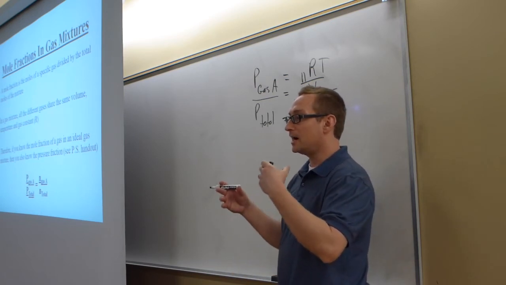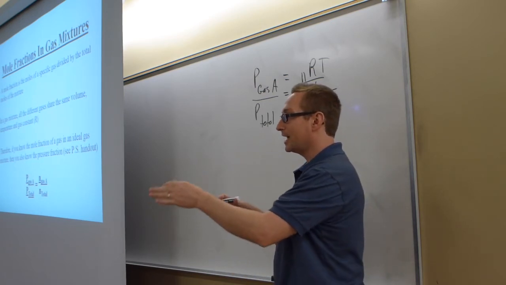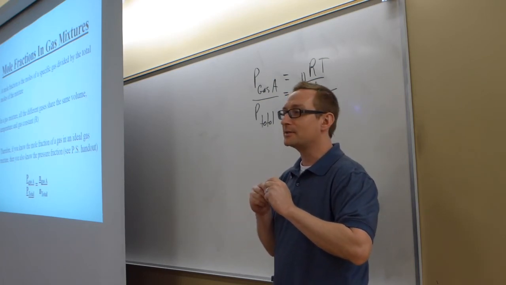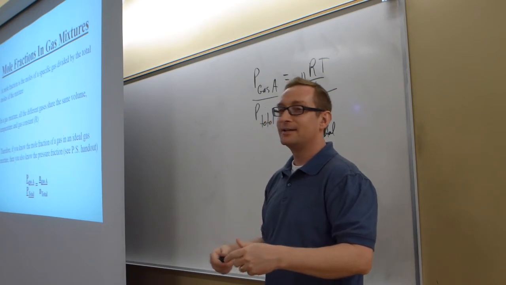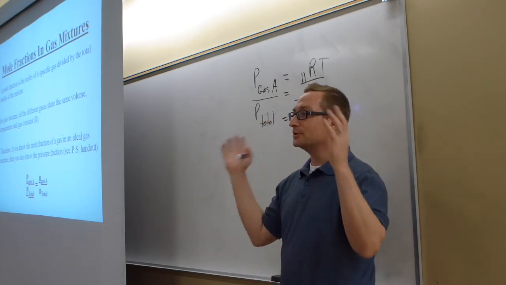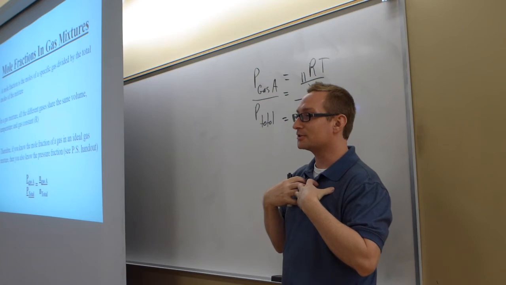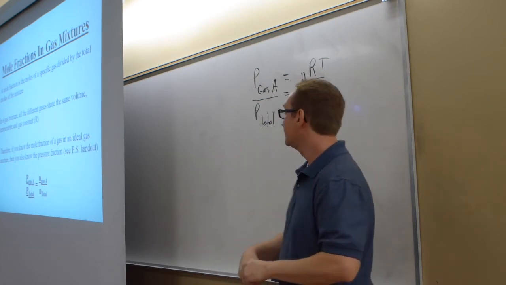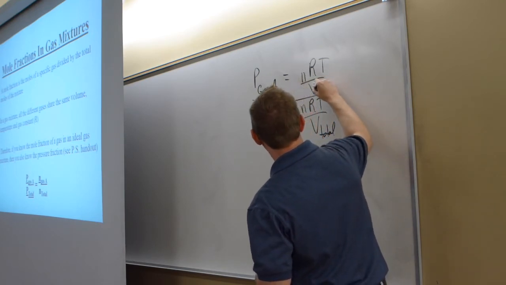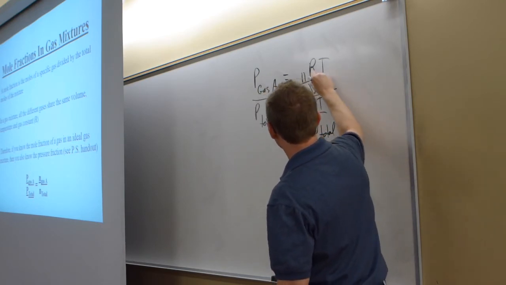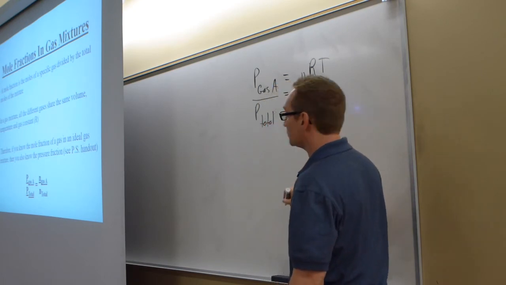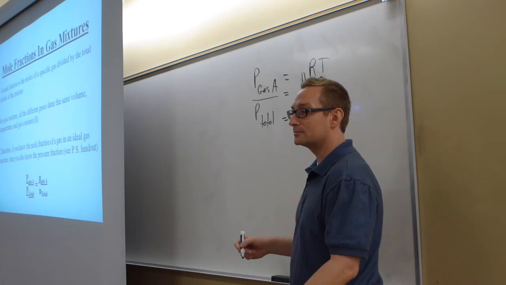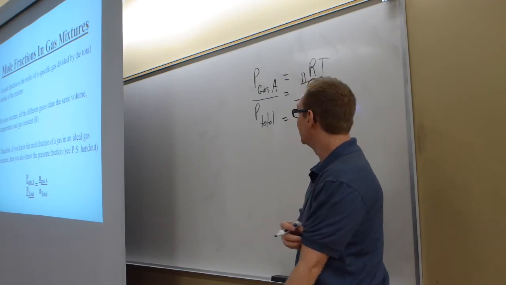Let's just say I'm a gas, you're a gas, everybody in the room is their own unique gas. That's kind of disturbing to think about. We all have unique gas. But we're all in the same room. My partial pressure occupies the same volume of space as your partial pressure does. So for that reason, we can say that the volume of gas A and the volume of the total mixture are the same, and therefore they cancel each other out. Dividing by those two just gives me 1.